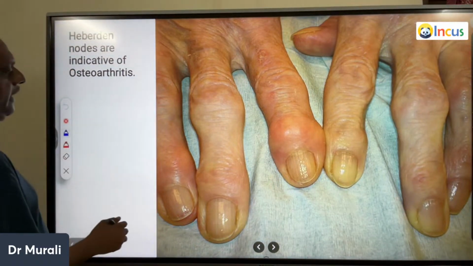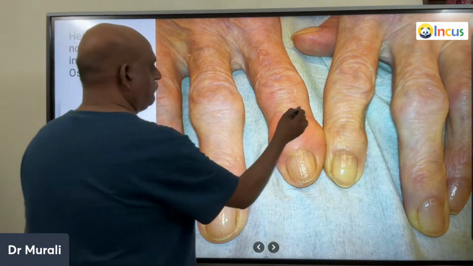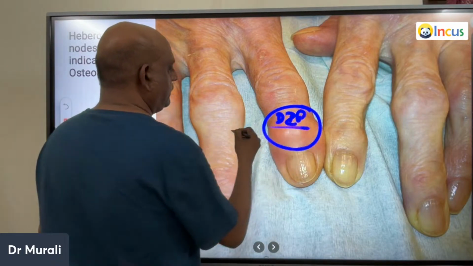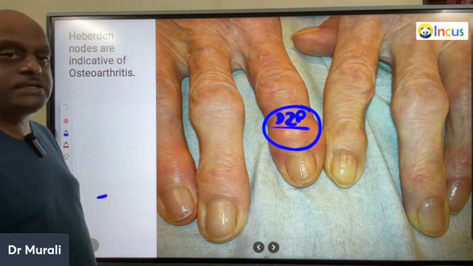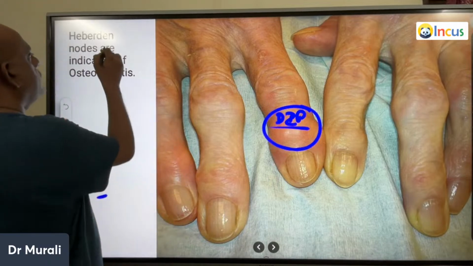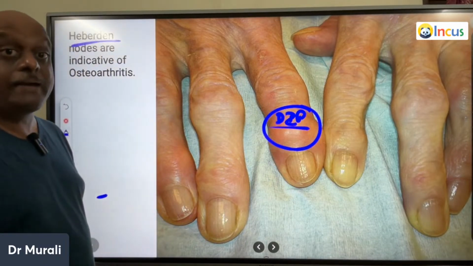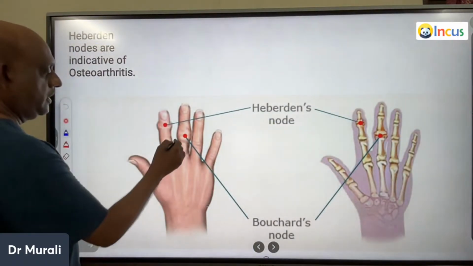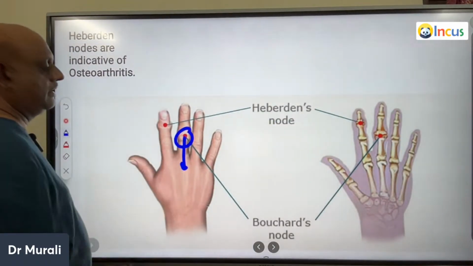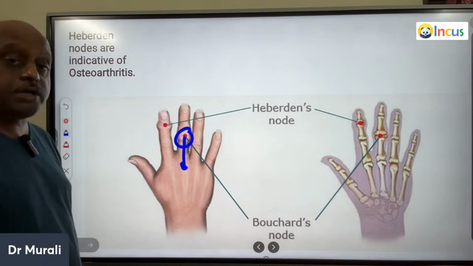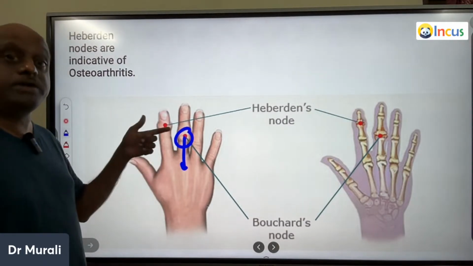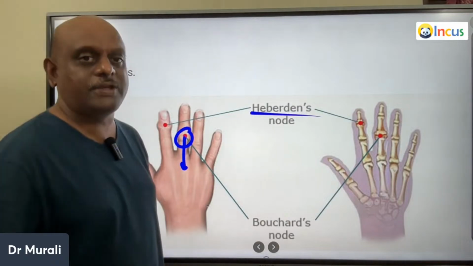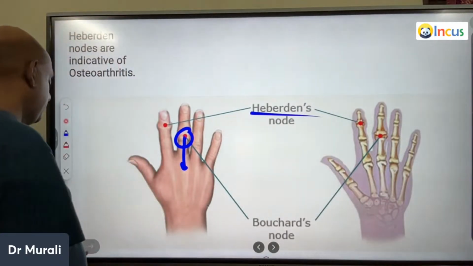Now, you are able to see these nodular swellings which are occurring in the distal interphalangeal joint, doctor. Right? So these are called Heberden's nodules. You should know the more proximal are called Bouchard's nodules, and the more distal are called Heberden's nodules, is what you need to remember.